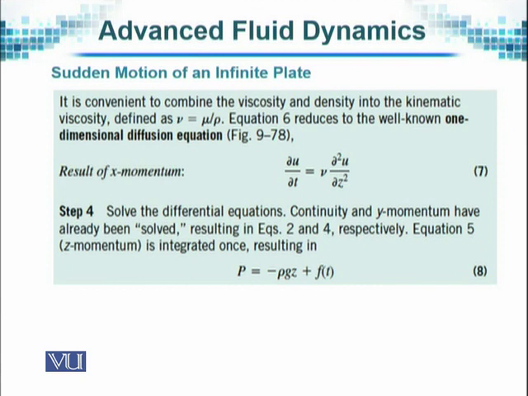Combining this, taking the rho to the right hand side, we will have mu over rho, and that we write as nu. Nu is kinematic viscosity, while mu is called the coefficient of viscosity and rho is the density. This ratio, the kinematic viscosity, reflects the particular behavior of the viscous fluid under consideration.